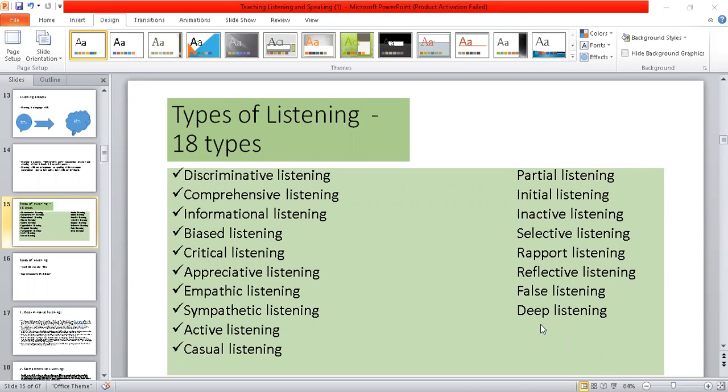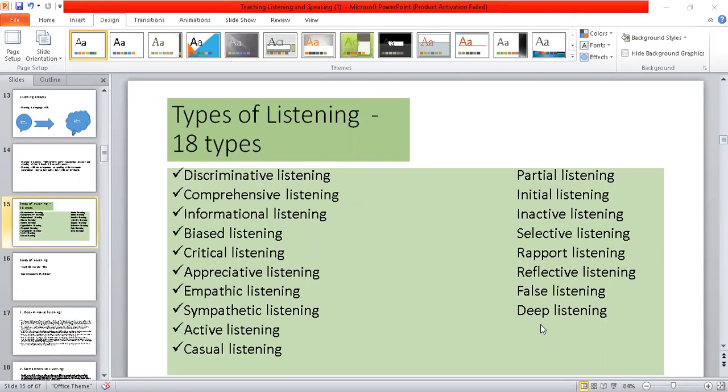Okay. Now I want you to prepare a mind map for these 18 types of listening. Listening will have to come in the middle. You can say types of listening or the 18 types of listening, and then you can have all the different types of listening in and around the middle circle.